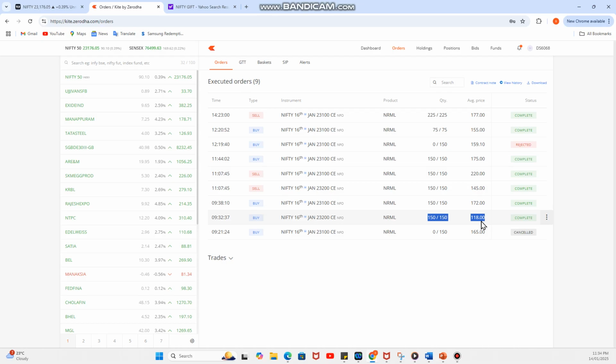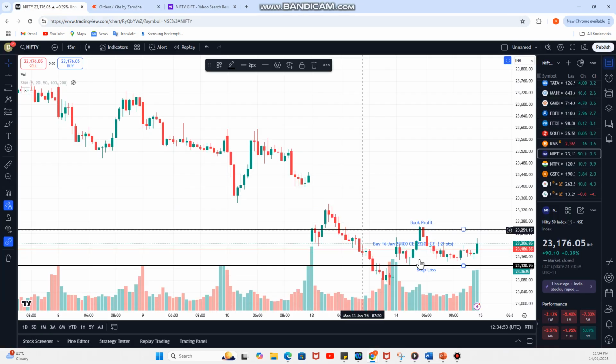The limit order got executed, but if I had waited till 9:45, I would have bought this particular call option at maybe 100 rupees. This is an at the money call option, because if you look at the Nifty, it was trading at 23,200 at the time of order placement, so it was close to at the money.